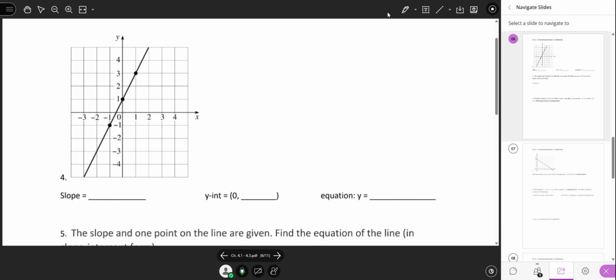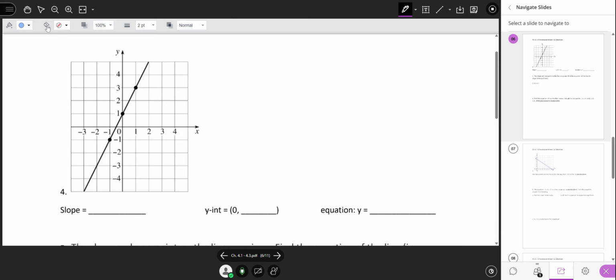Now, this problem right here, you got 3 dots here, so you can choose these 2 dots, these 2 dots, or these 2 dots, whatever you want. I like the easiest right there.